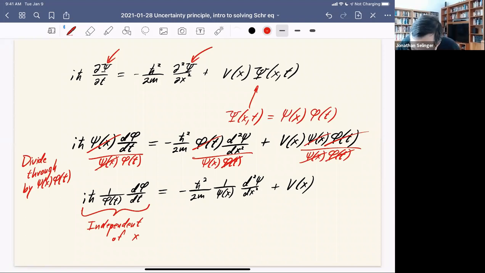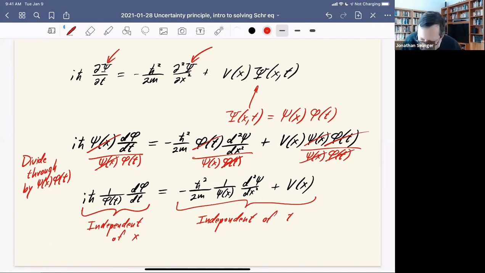Now, how about the stuff on this side of the equation? Here, psi is a function of x. This second derivative is a function of x. This v of x is a function of x. There is nothing on this right side of the equation that has anything to do with time. It might depend on x, but not on t. But now you notice the left side is equal to the right side.